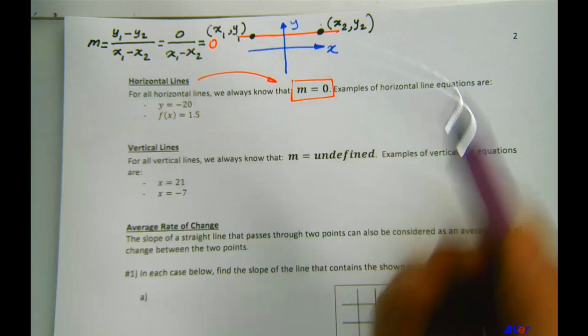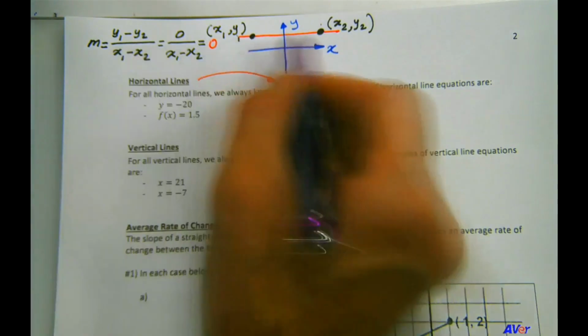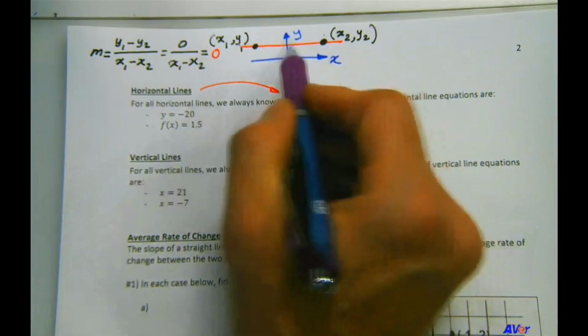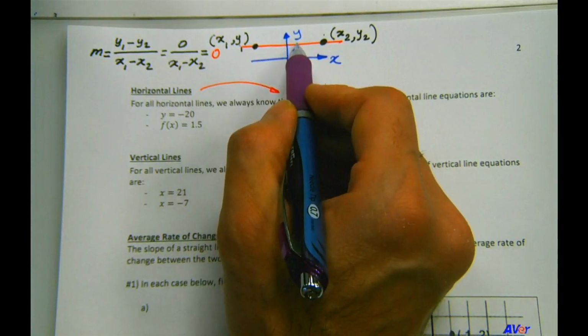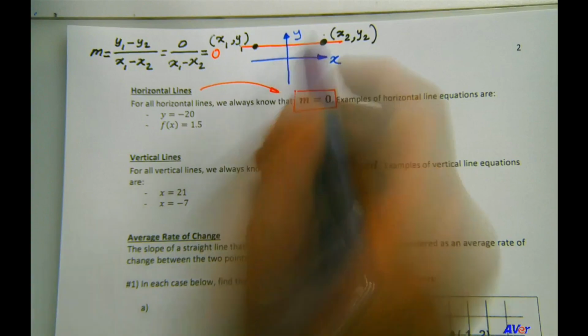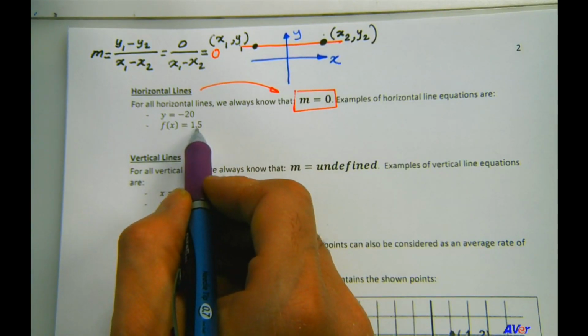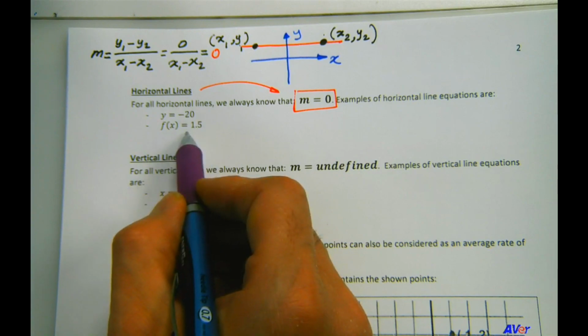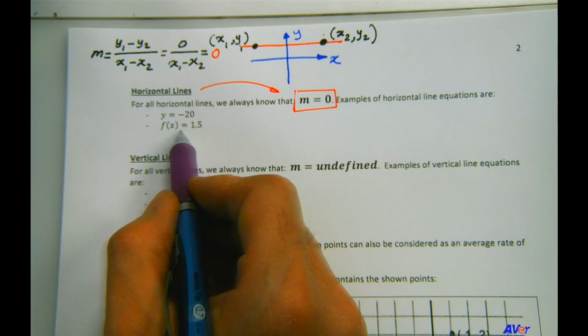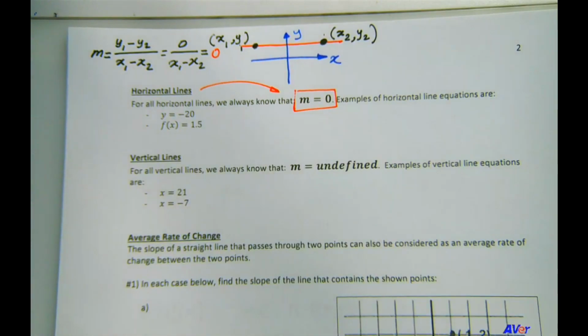But the x values are going to be different, just like with this line that we've shown. But this, of course, is y equals some positive value, right? The same thing with a different notation. F of x equals 1.5 is another way of showing the equation of a horizontal line.